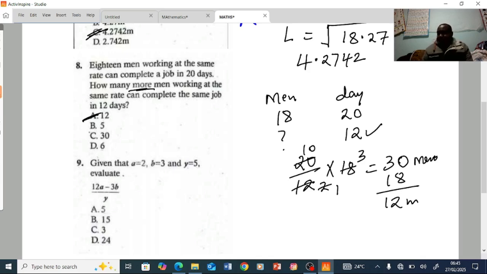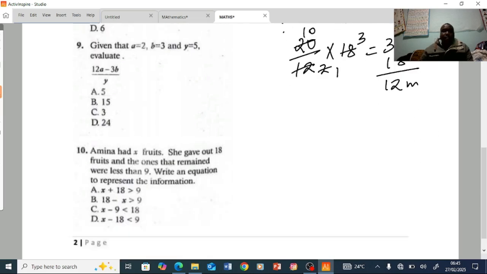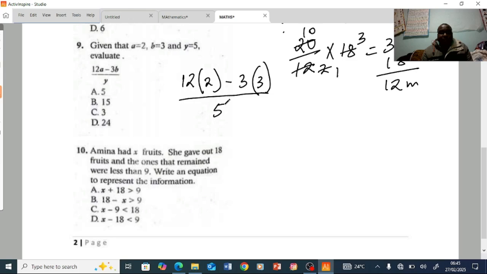Number 9. Given that A is equal to 2 and B is equal to 3, let's evaluate this. So this is 12A, which is 2, minus 3B, which is 3, divided by Y, which is 5.